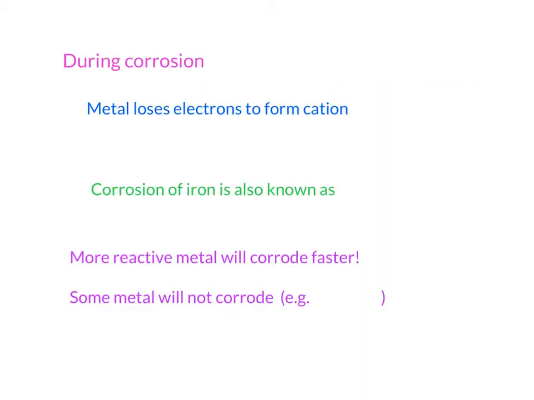During corrosion, what happens to the chemicals? The metal will lose electrons and become a cation. A very famous example is Fe. In the process, it may lose electrons and become iron ions. The corrosion of iron has a special name.